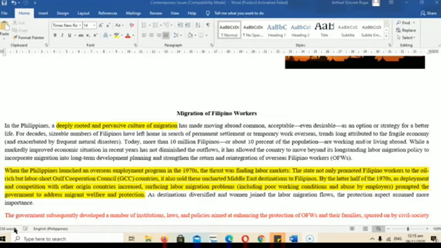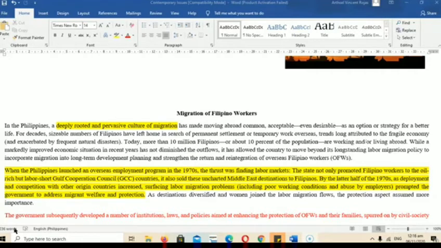So when the Philippines launched an overseas employment program in the 1970s, the thrust was finding labor markets. The state not only promoted Filipino workers to the oil-rich but labor-short Gulf Cooperation Council or the GCC countries, it also sold these uncharted Middle Eastern destinations to Filipinos. So, what is happening here?